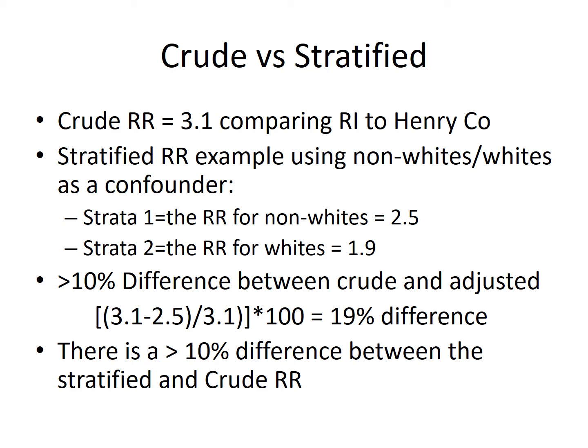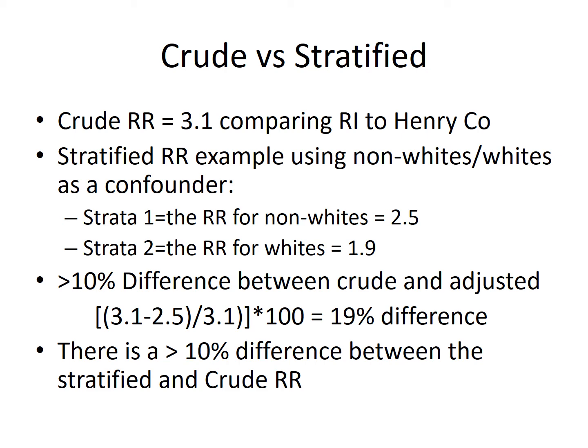So that 3.1, we're going to subtract the 2.5, and we're going to divide it over the 3.1 to get the difference as a proportion of the original number, and then multiplying that by 100 to get the percent difference. So if you do that calculation, you'll see that there's a 19% difference between the stratified risk ratio.